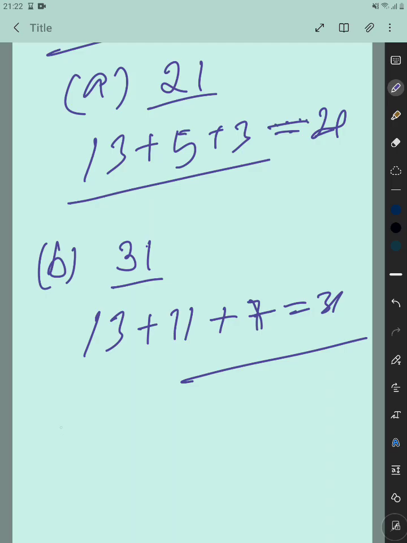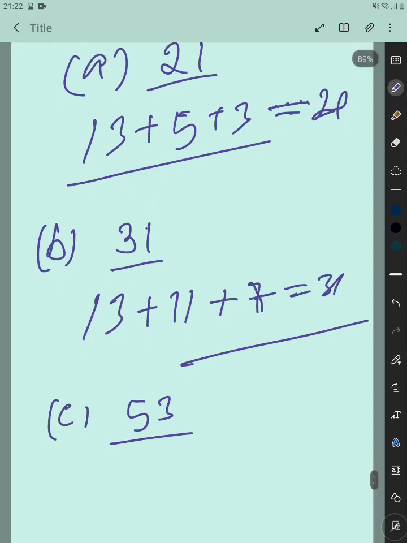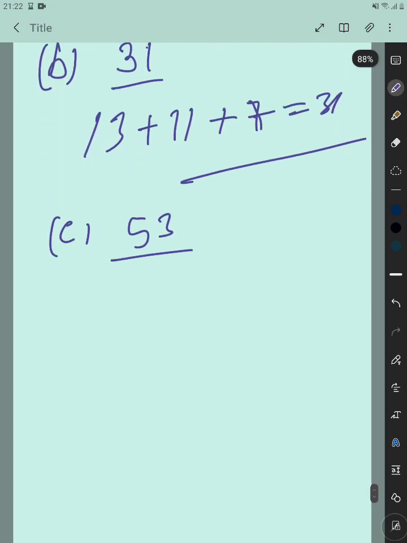Now let's take part C. C is 53. For 53 we can have some numbers, let's take 37. We can start with 37.